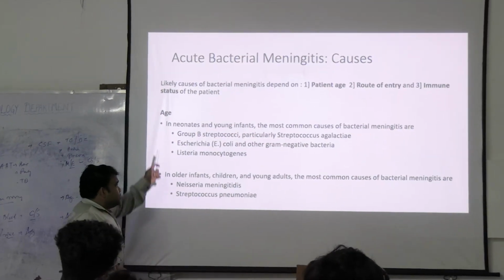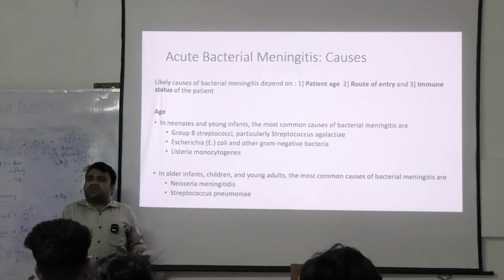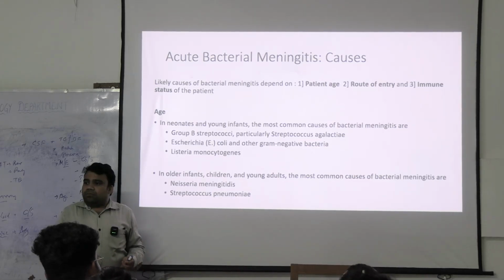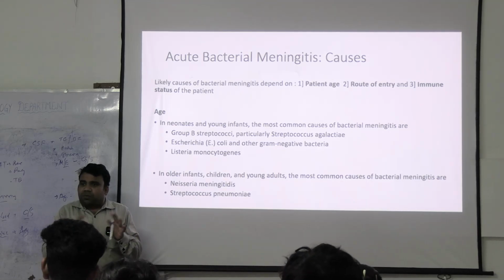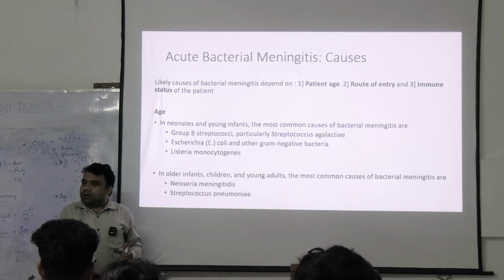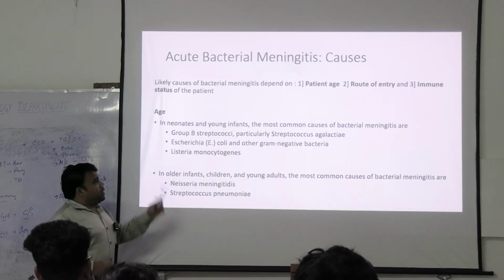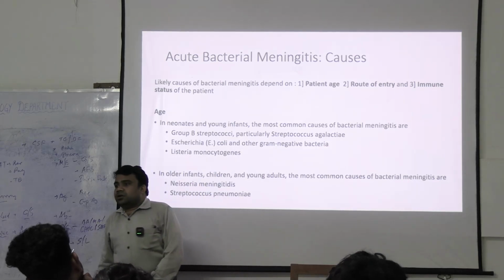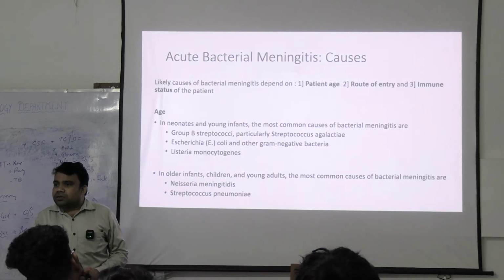Look over here. In neonates and young infants, where do these infants get the infection from? From the environment. So what is the environment of a baby, an infant? It is the mother. Now look at this. The most common organism causing it is Streptococcus agalactiae. Where does this organism reside commonly? In the female genital tract.